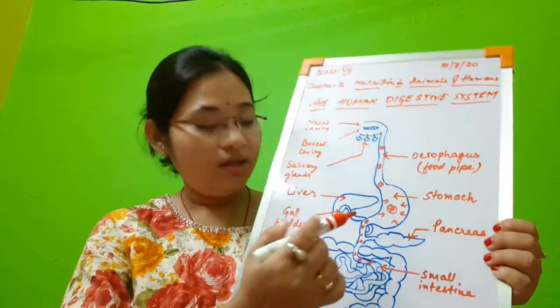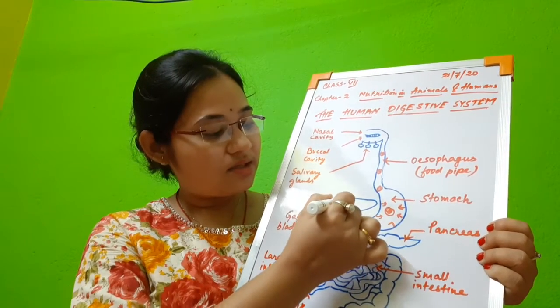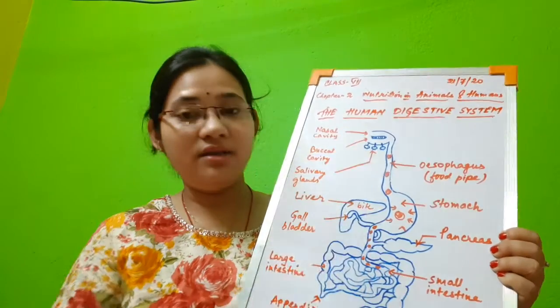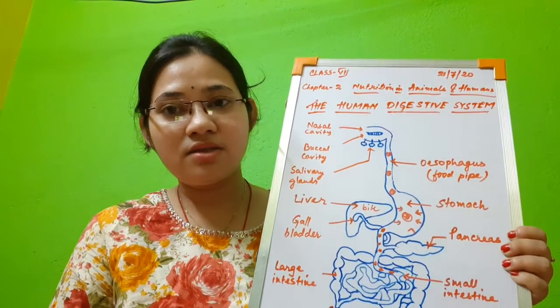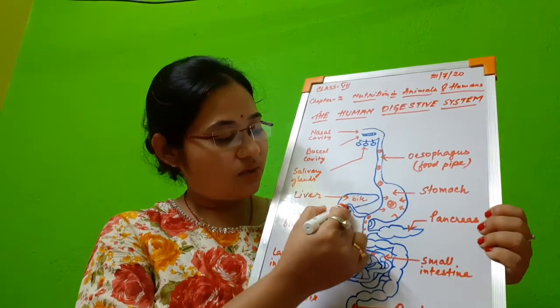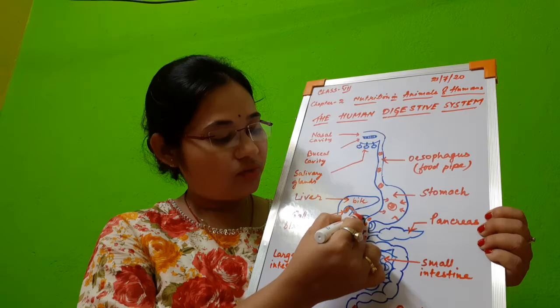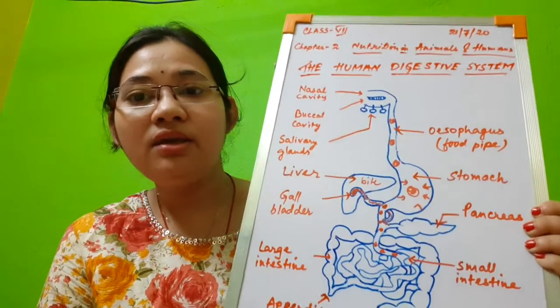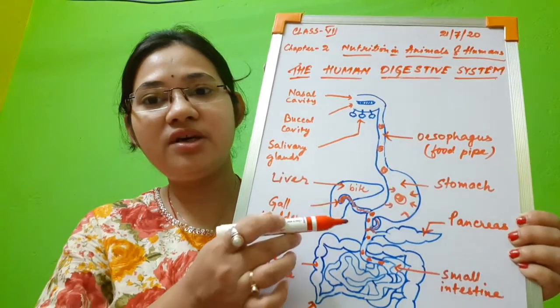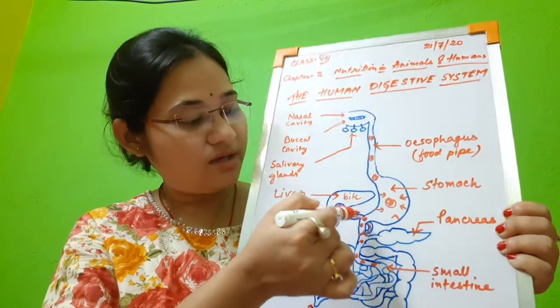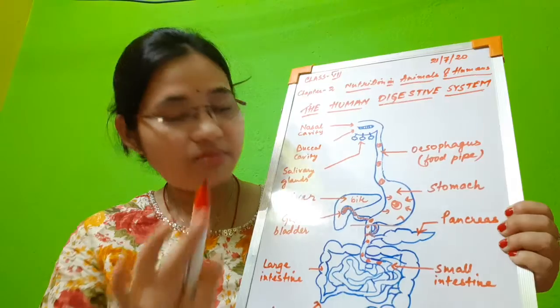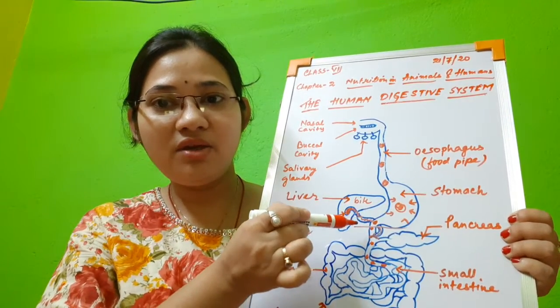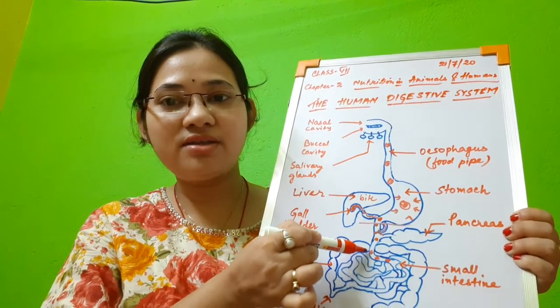By this time the liver produces bile salts which help in digestion of fat. This bile is stored in the gallbladder, and through the gallbladder, bile will be released into the duodenum, that means the first part of the small intestine. So here the stomach is over. Just below this red line the small intestine begins.